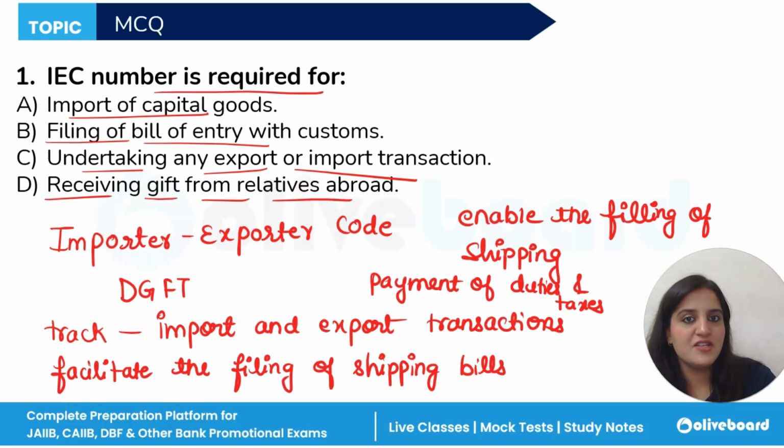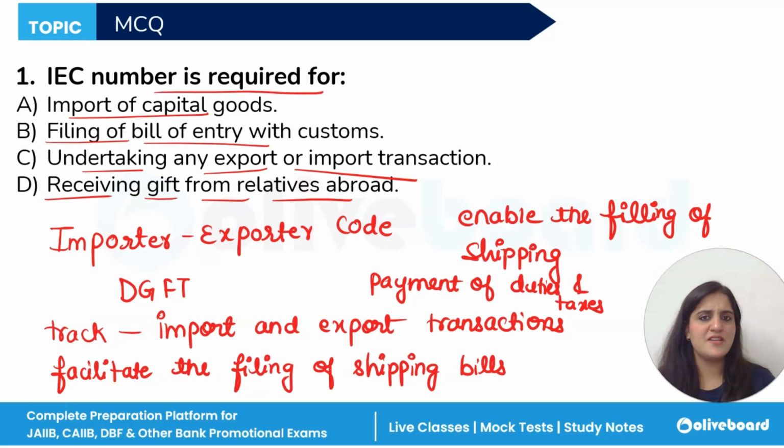Basically, IEC number is essential for import of capital goods and filing of a bill of entry with customs, but necessary for undertaking any export or import transaction. So we will mark this option correct here: IEC number is required for undertaking any export or import transaction.